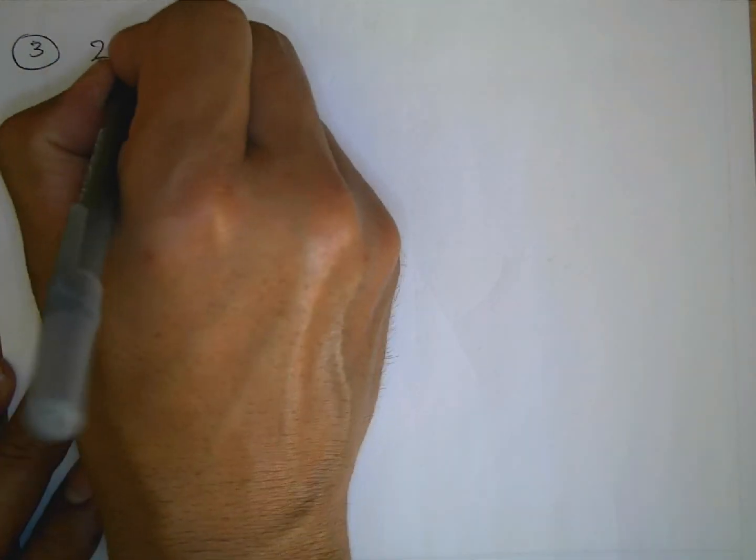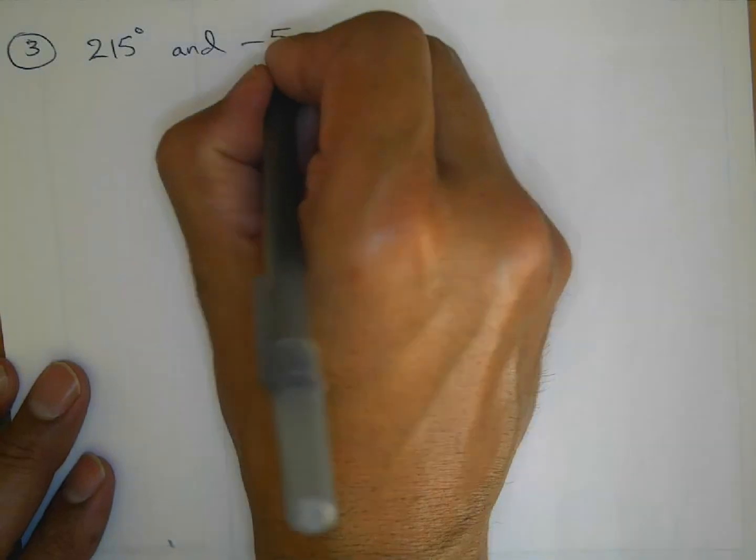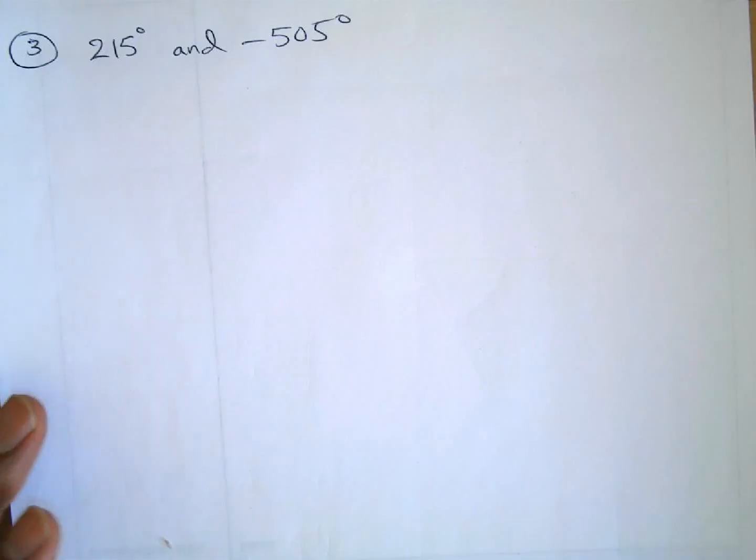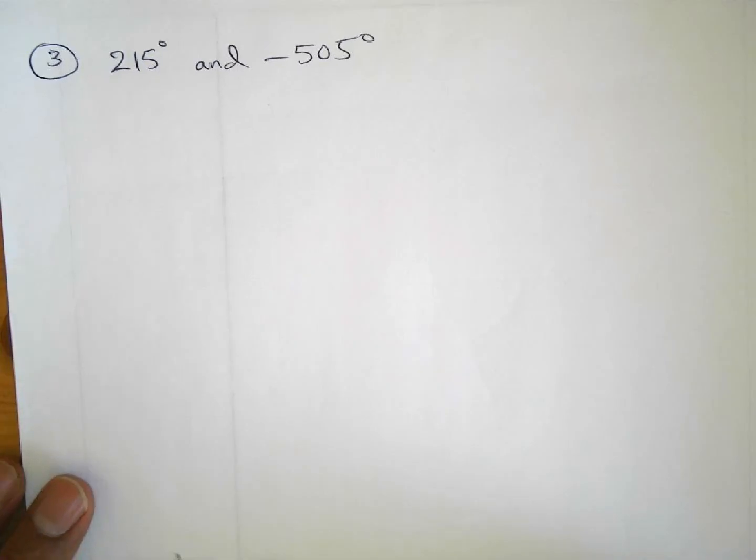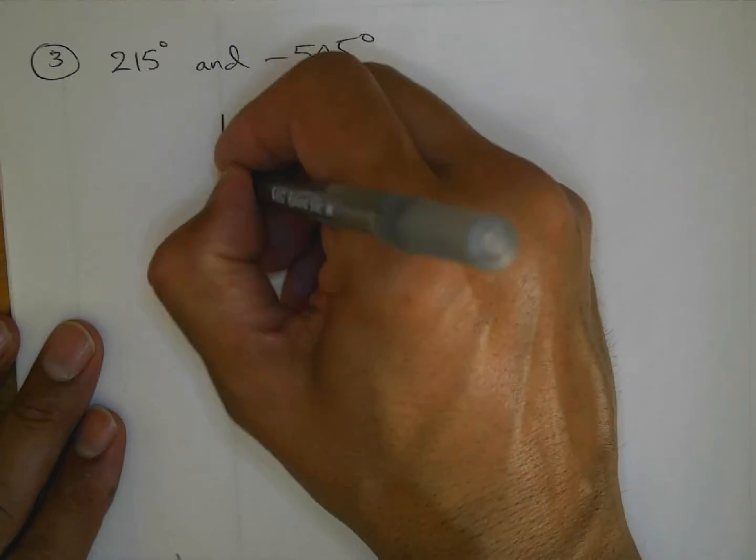Okay, how about 215 degrees and negative 505? Are those coterminal angles? Well, sketch them out.